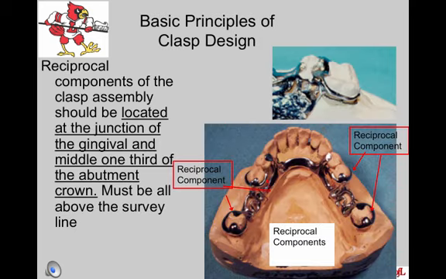Reciprocal components of the clasp assembly should be located at the junction of the gingival and middle third of the abutment crown. They must be above the survey line and they should touch the tooth prior to the direct retainer touching the tooth. This position will permit the abutment tooth to better resist horizontal and torquing forces than if it were more occlusally located.